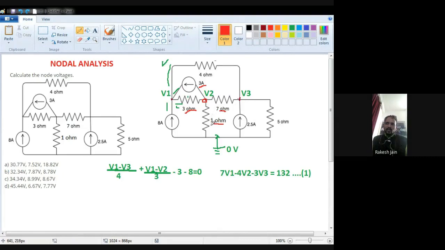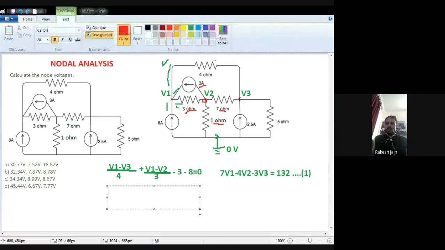The 1 ohm is connected such that the other point is connected with 0 volt, so V2 minus 0 divided by 1, that is V2. Then for the 3 ohm resistance regarding V2, V2 minus the other point of the 3 ohm, which is connected with the first node.